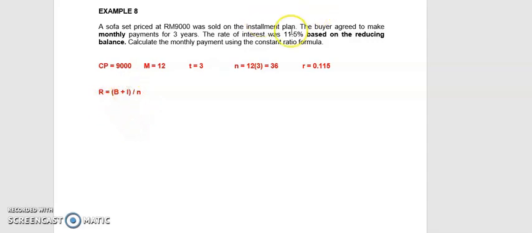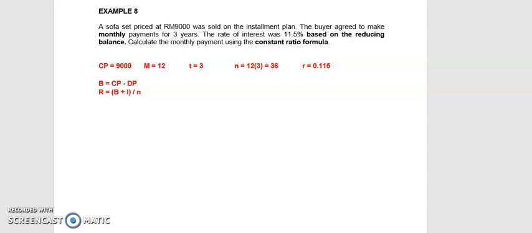Interest now is calculated based on reducing balance, so use the constant ratio formula. Now, we don't have value B, balance, so find balance first. How to find balance? Balance equals CP minus DP.